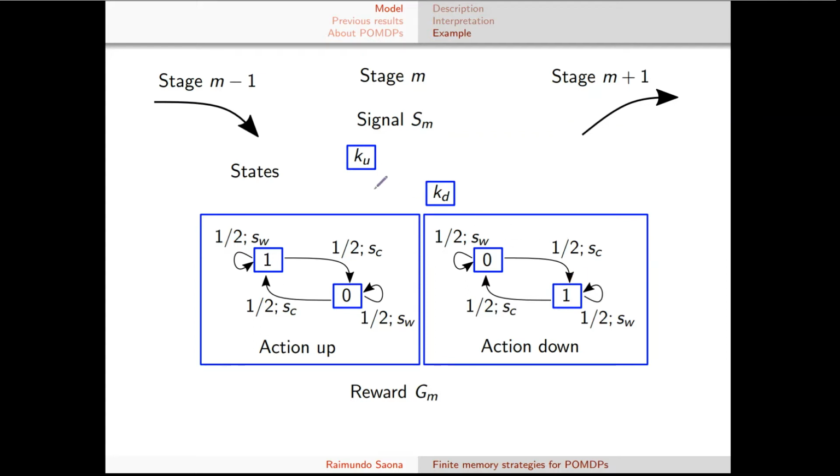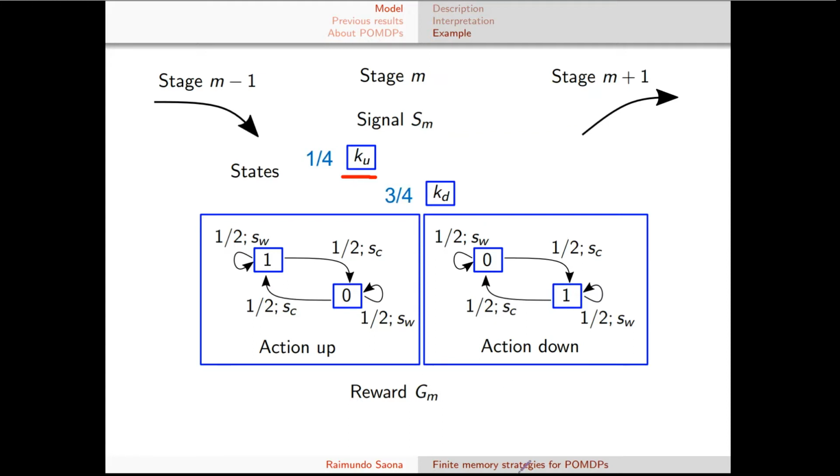If the decision maker knows the initial state, then she can obtain a reward of 1 in every stage by playing the correct action. On the other hand, consider that the initial state is random, and the decision maker only knows its distribution. For example, consider the distribution with a quarter probability for state up and 3/4 probability for state down.